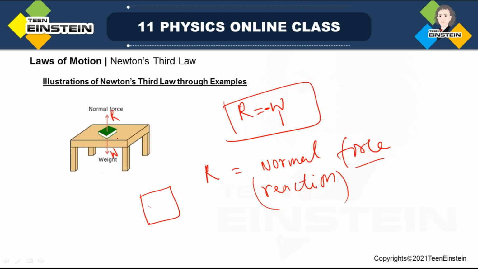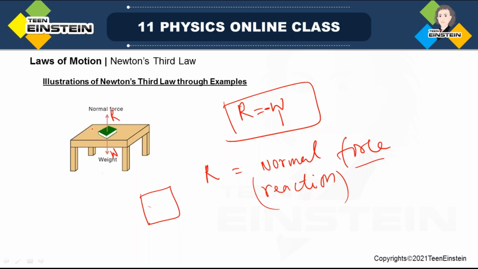Because of this only, the book on the table is not flying off. Otherwise, it may fly off. Because of this reaction, it cannot fly off, because the weight W and this reaction cancel each other.